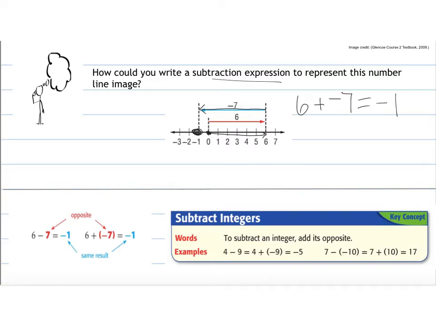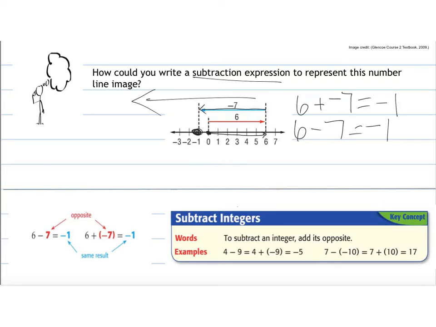How can we write this as a subtraction expression? We could also write this as 6 minus 7, and we still get negative 1, because we're at 6, subtraction goes to the left, and so we end up at negative 1.